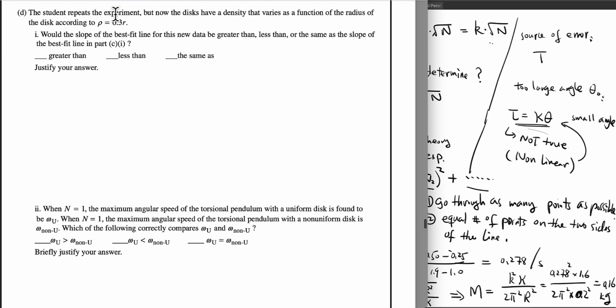The student repeats the experiment, but now the discs have a density that varies as a function of the radius of the disc according to rho equals 0.3 r. Question 1. Will the slope of the best fit line for this new data be greater than, less than, or the same as the slope of the best fit line in part C?